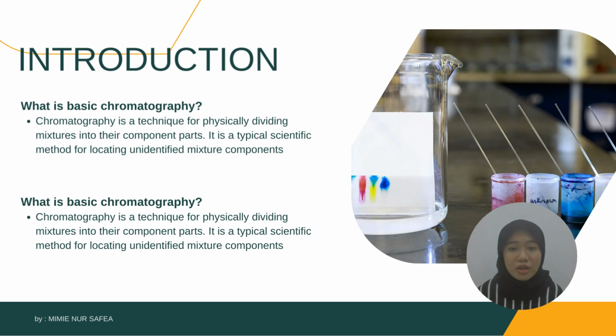So for the introduction, what is basic chromatography? Chromatography is a technique for physically dividing a mixture into its component parts. It is a typical scientific method for locating undefined mixture components. Paper chromatography is a type of chromatography in which a paper sheet or strip is used as the absorbent or stationary phase, through which a solution is made to flow, by comparing the dissolved chemical compounds' various rates of movement over the paper sheet.